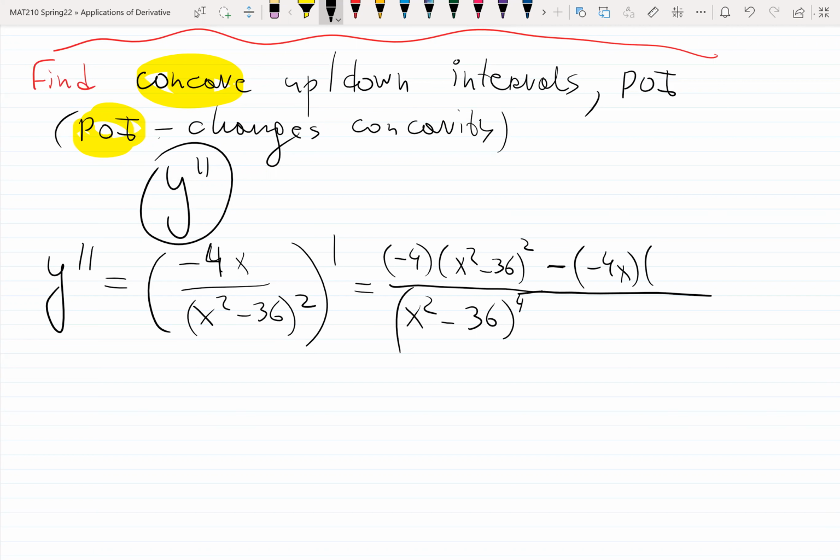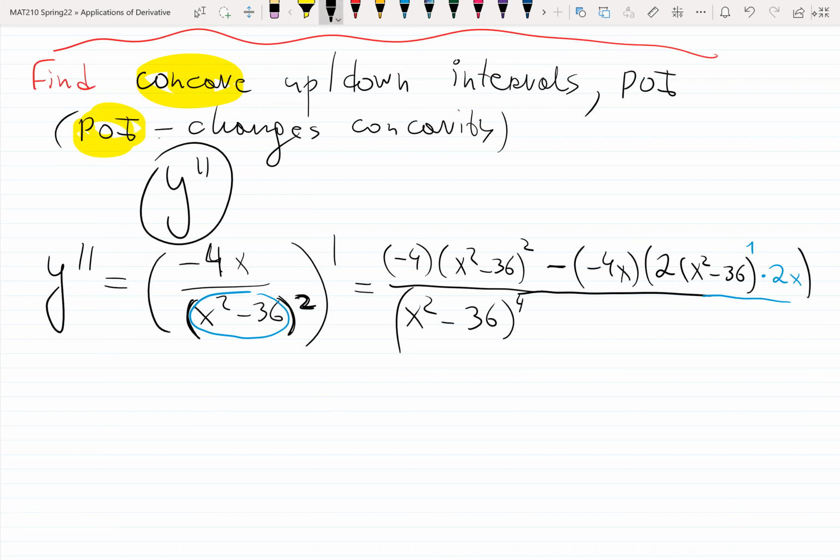Derivative of the bottom is the chain rule, because this is a quadratic function with a quadratic function inside. So 2 goes down, copy, change the exponent to 1, times the derivative of the function inside, which is 2x.